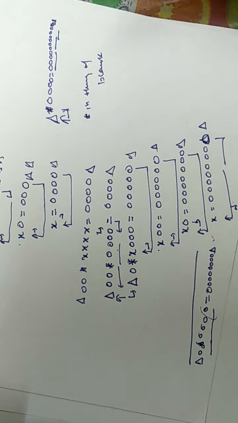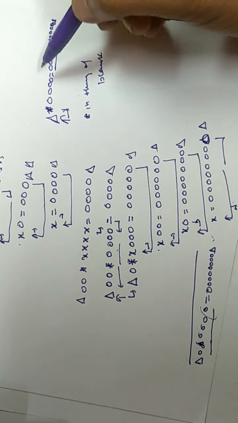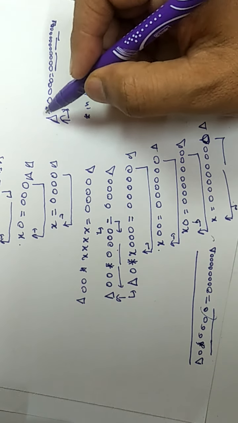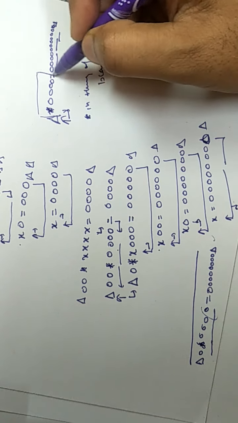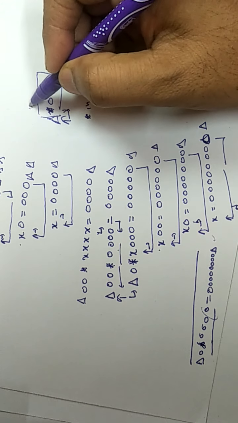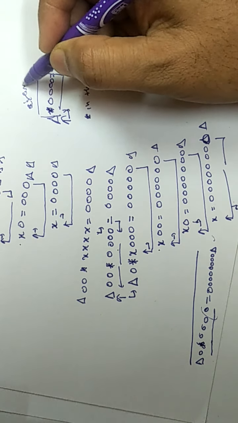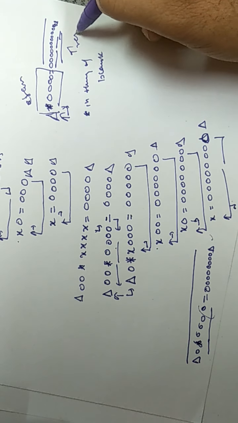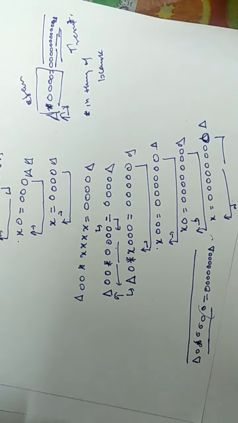After doing this procedure 3 times, it means that we have copied 12 zeros here. So at the end we will erase this portion. This is useless, so we will erase it, and these 12 zeros will be the result. This will be the result.